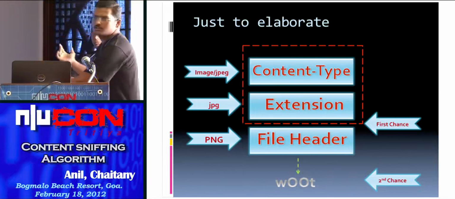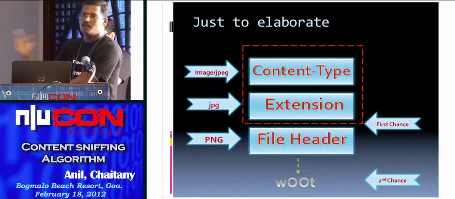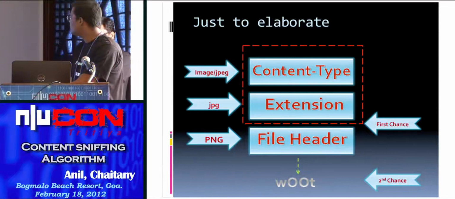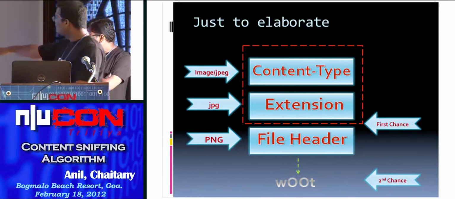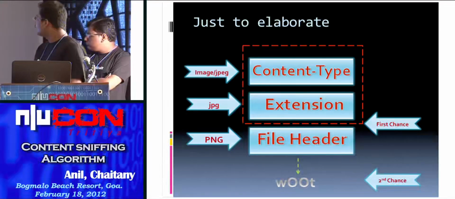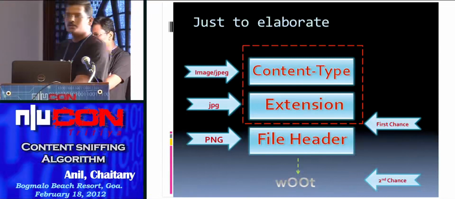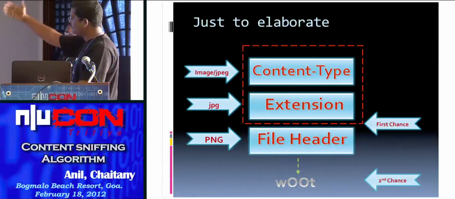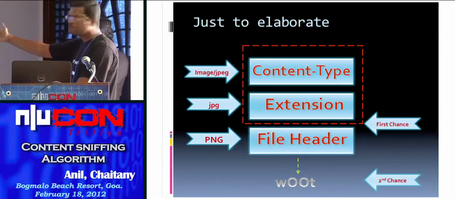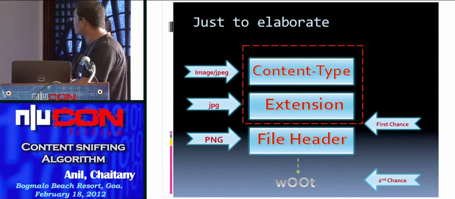This is the first chance, which executes the content sniffing algorithm. It will check the file's header, and the header will be PNG. This is where the browser's algorithm gets confused: the content type is image/JPG, the extension is JPG, so why is the header PNG?